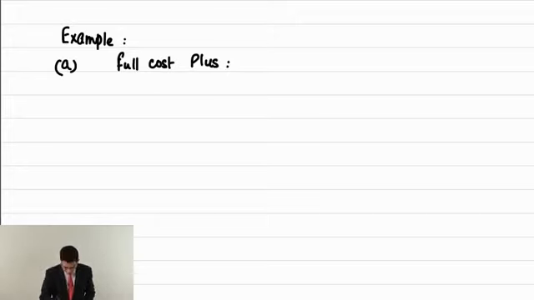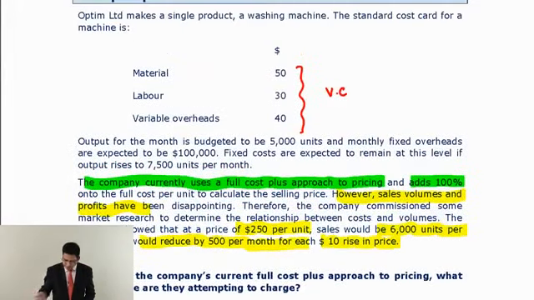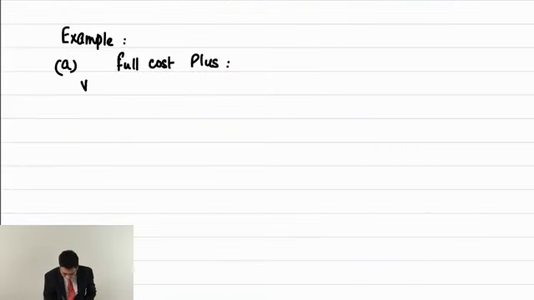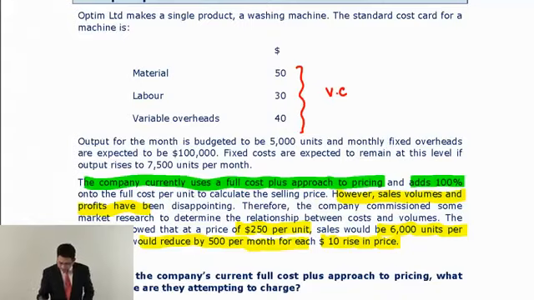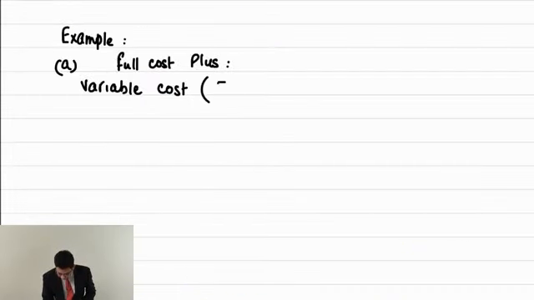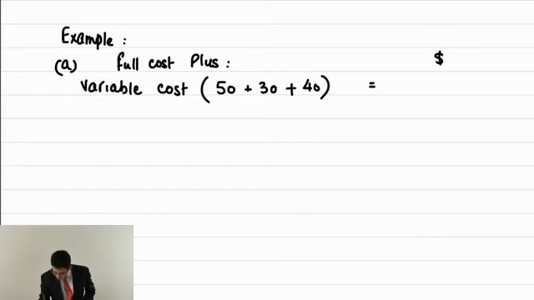Okay, first of all, variable cost. Variable cost is direct materials, labor and variable overheads. So 50, 30 and 40. In total 120. Is that okay?